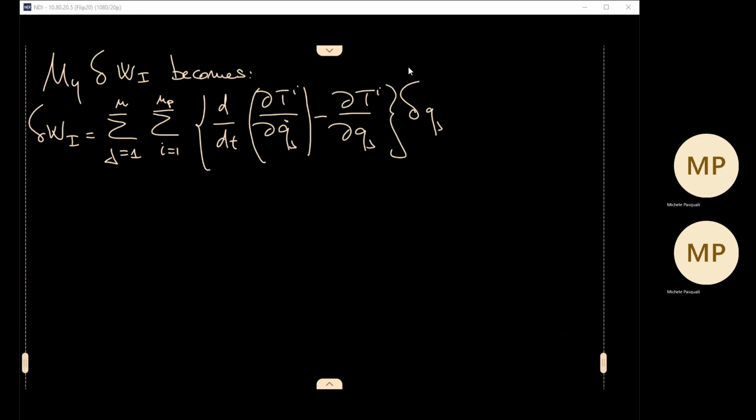Okay. Now, if we define T equal to just the sum of i going from 1 to np of Ti, this is the total kinetic energy of the system.